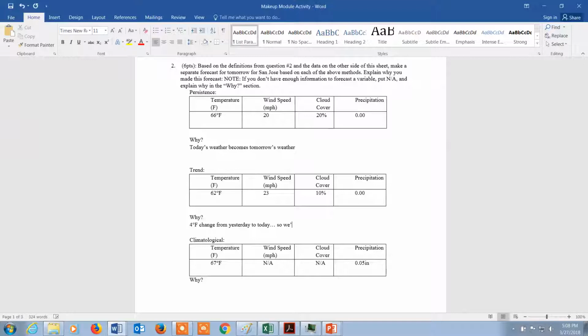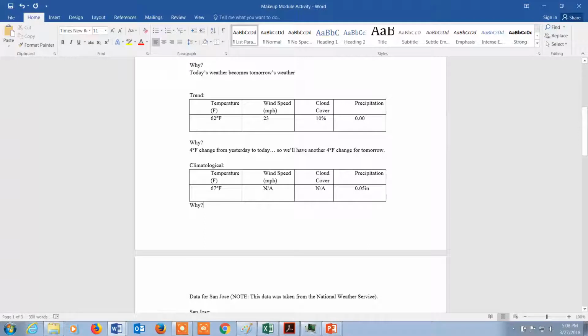So we'll have another 4-degree change for tomorrow. And then the same thing goes for wind speed, cloud cover, and precipitation. Whatever the change was between yesterday and today, that would be the change between today and tomorrow.